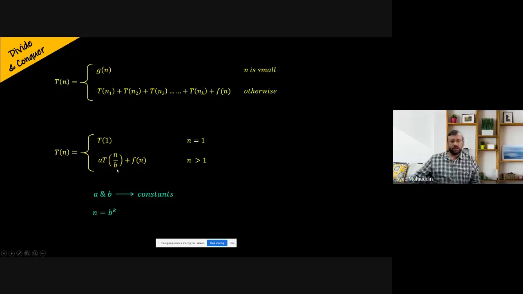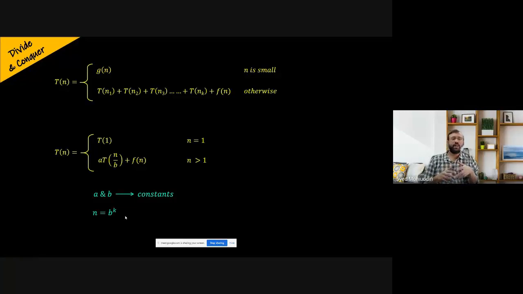Now there is one more thing we need to remember: when the input n is divided by some constant b, we generally assume that n is b power k, where k is the number of divisions.